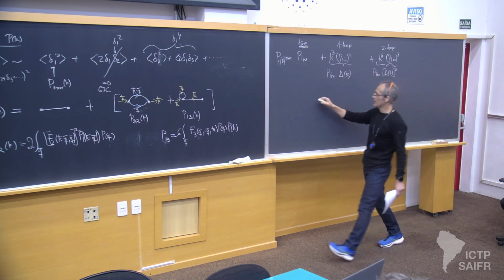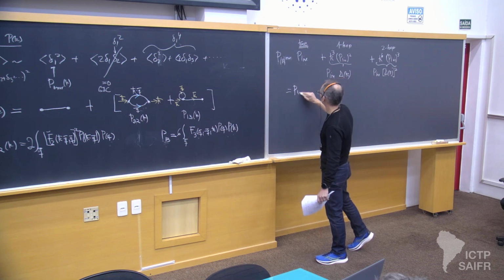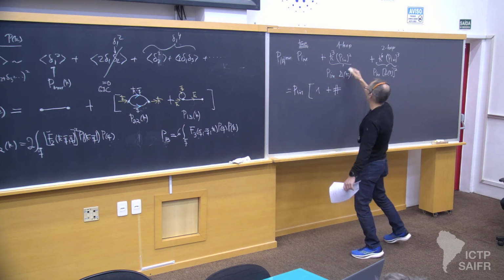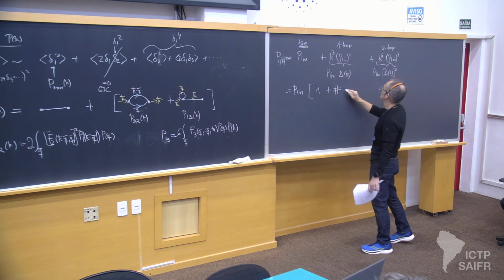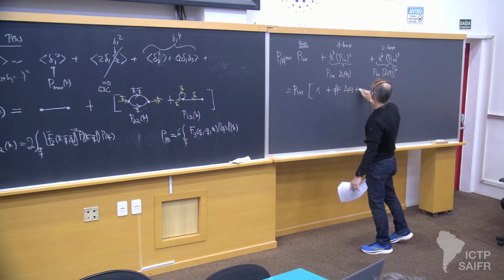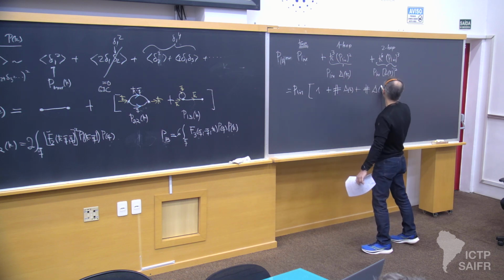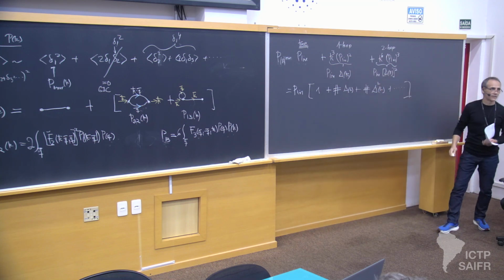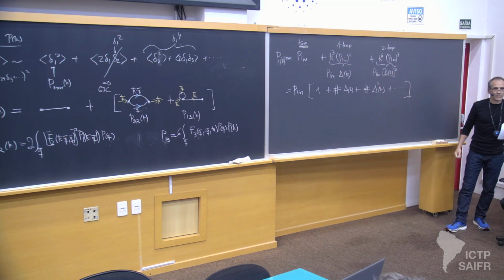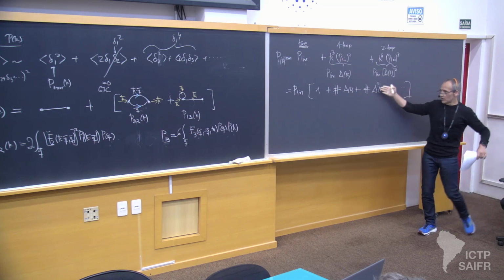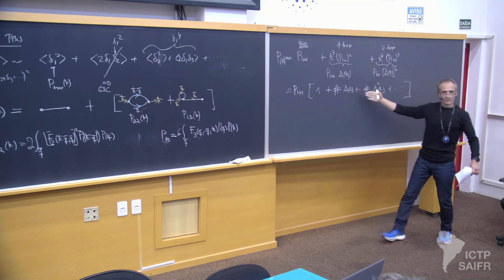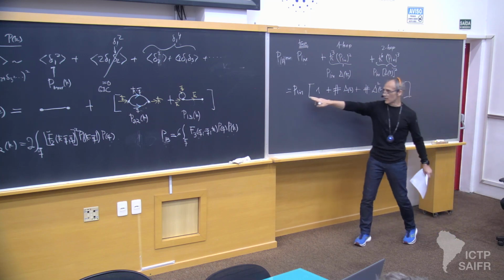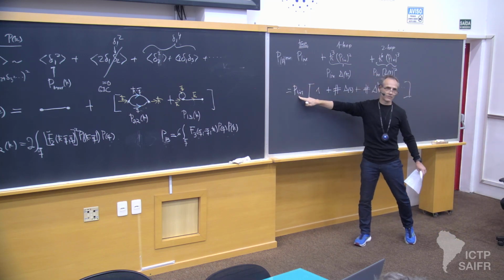So I can write it as P linear times 1 plus some numbers that will come out of this calculation, delta k, plus some number delta k squared, etc. Okay, and this is all dimensionless. All the dimensions are in the statistic that you are calculating.